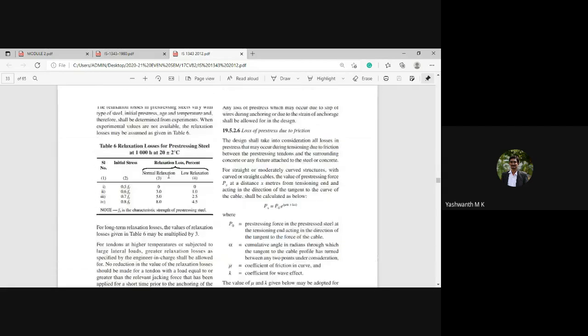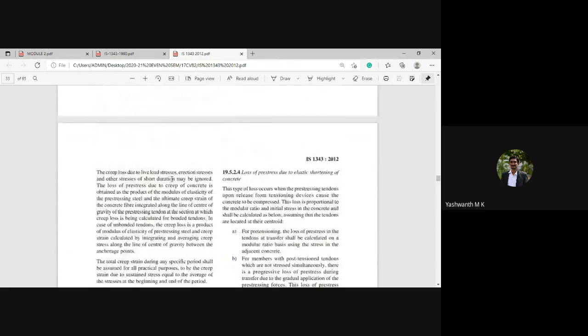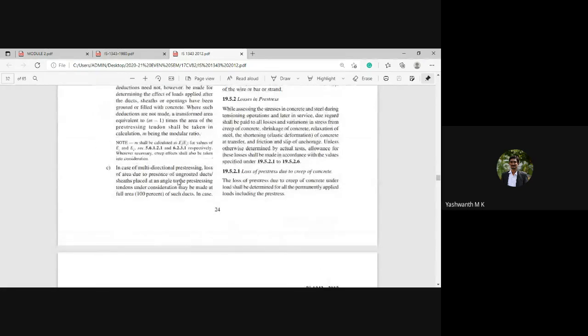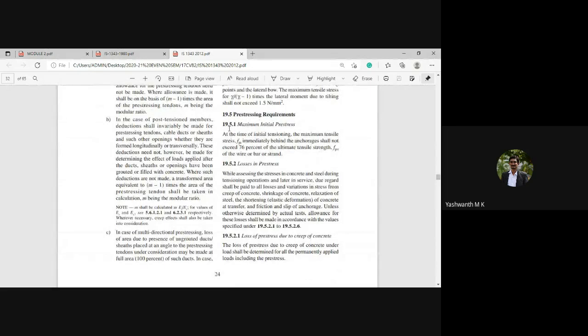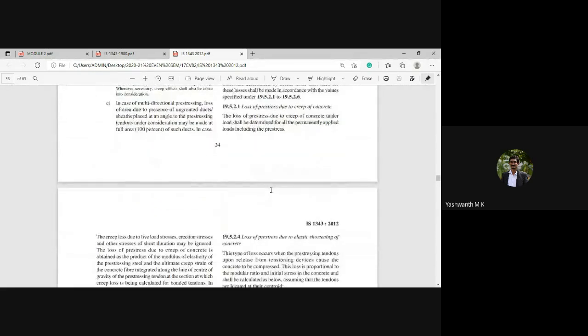This is regarding the loss of pre-stress you have come across. Please note down, in page number 24, clause 19.5, you will come across the losses in pre-stress due to various phenomena. This is with respect to the 2012 code.